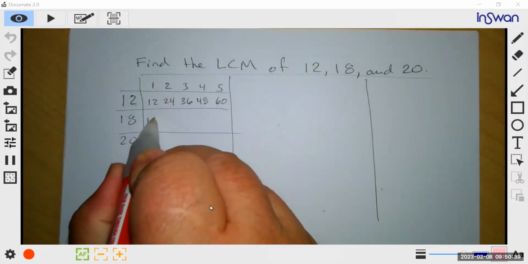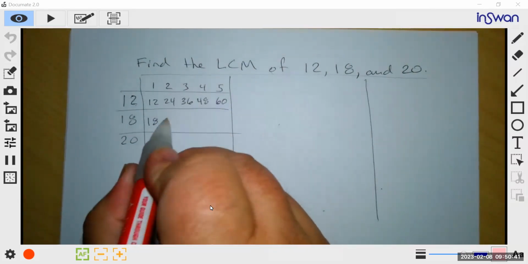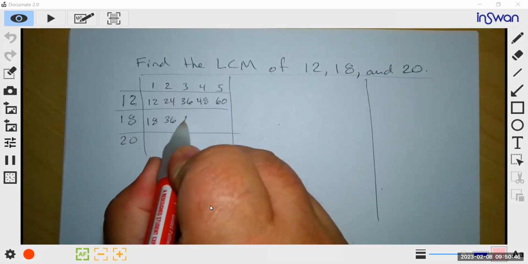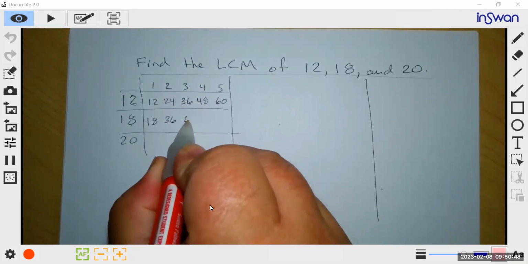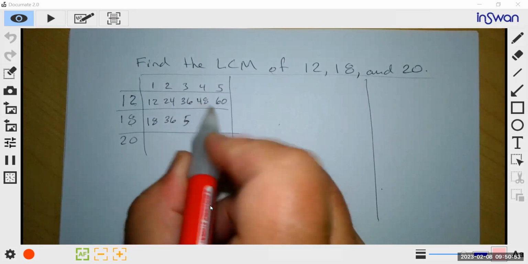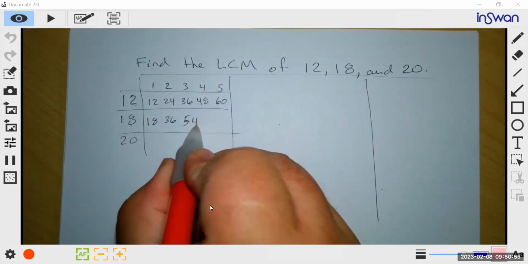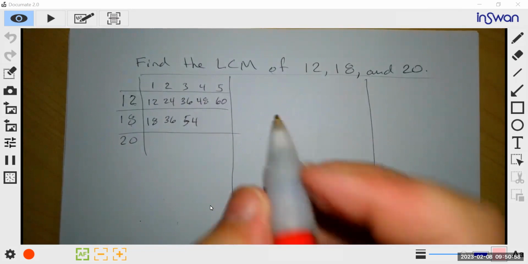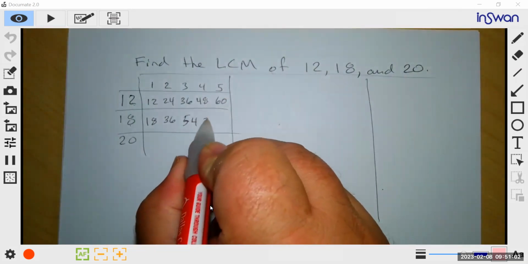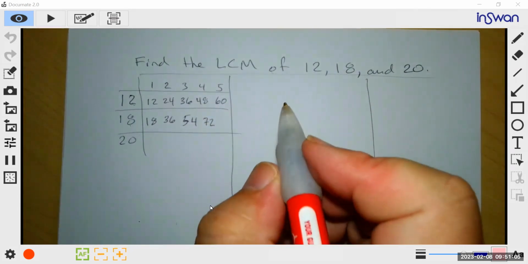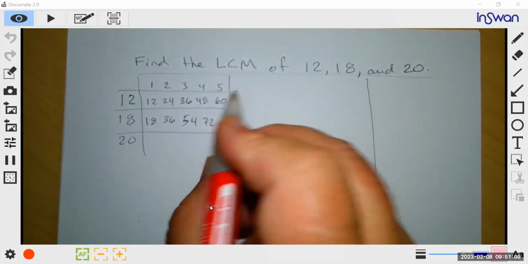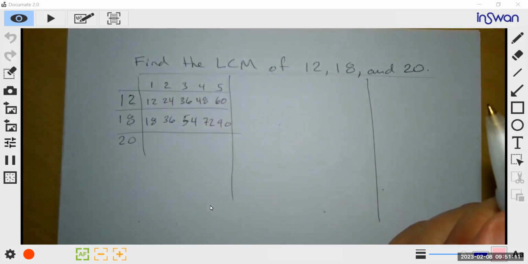Eighteen times 1 is 18. 18 times 2 is 36. 18 times 3 is 54. 18 times 4 is 72. 18 times 5 is 90.